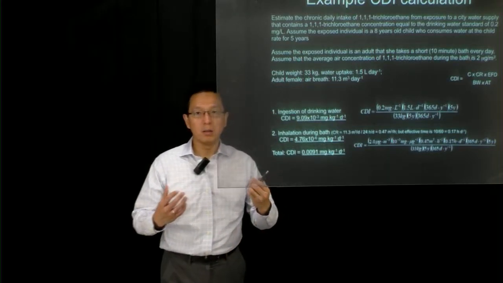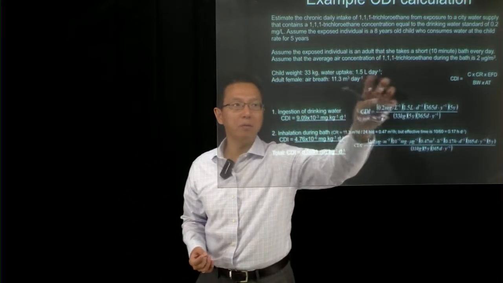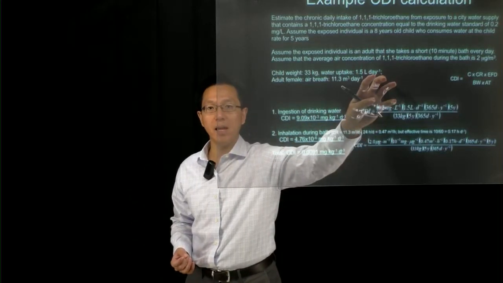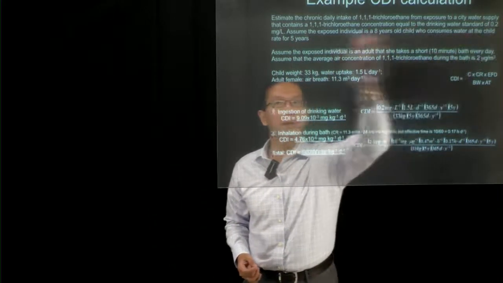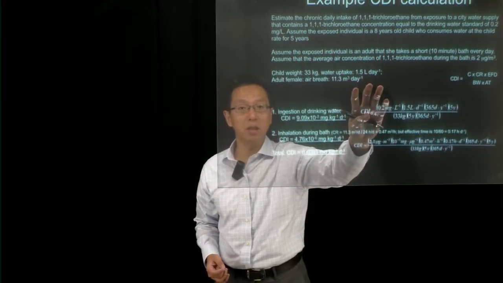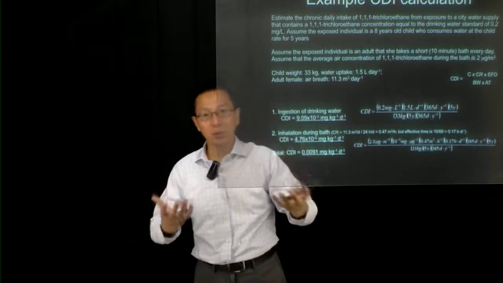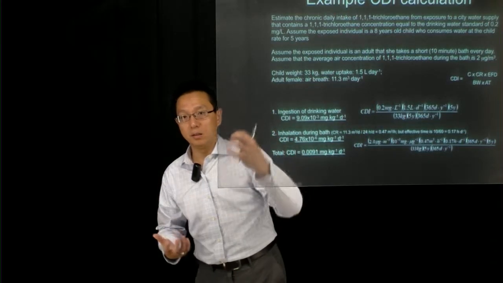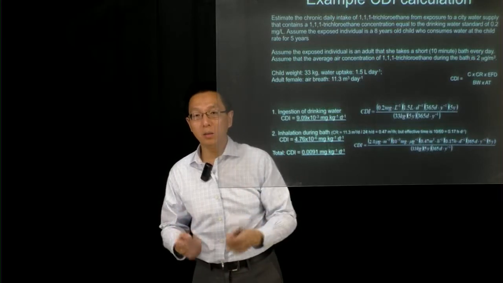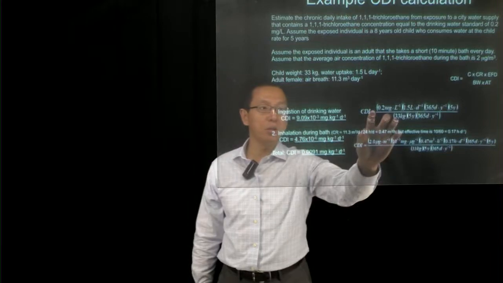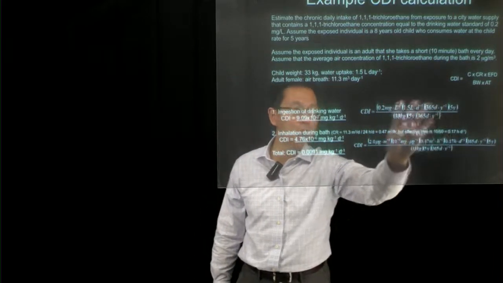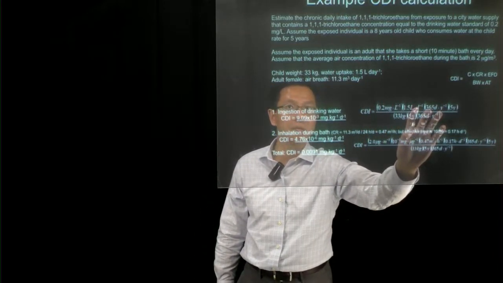Now, if the child drinks 1.5 liters per day, and you know the concentration is 0.2 micrograms per liter, naturally the total amount of 1,1,1 trichloroethane that gets inside the child is 0.2 microgram per liter times 1.5 liters per day.